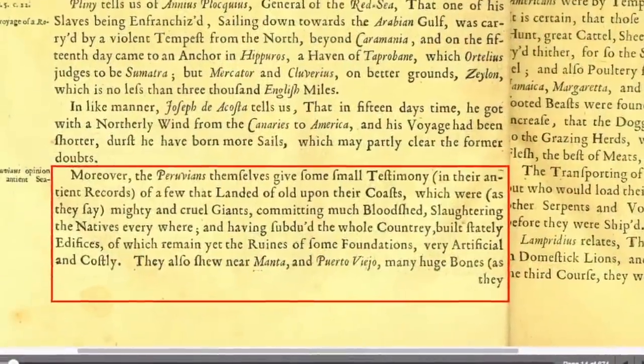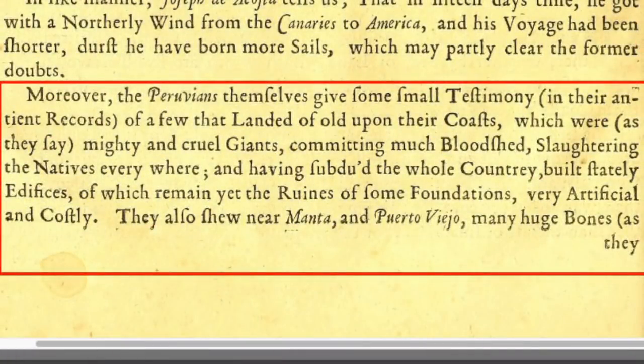And it reads: moreover, the Peruvians themselves give some small testimony in their ancient records of a few that landed of old upon their coast, which were, as they say, mighty and cruel giants, committing much bloodshed, slaughtering the natives everywhere, and having subdued the whole country, built stately edifices, of which remain yet the ruins of some foundations, very artificial and costly.